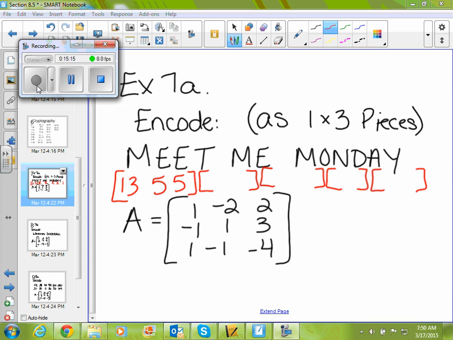Then if I keep going and I look up T, I end up with 20. A space uses the number 0. And then M again uses 13. I know that E uses 5. A space uses 0. And M uses 13.